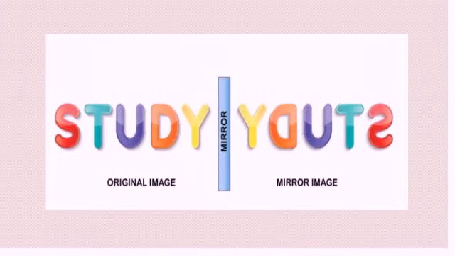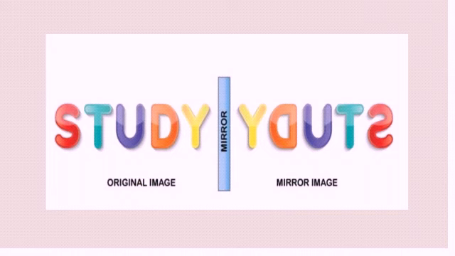Here I have shown that if we write any word and keep it in front of a mirror, what image will come. See, here I have shown the word "study." I have told you that the left side will come on the right side and the right side will come on the left side.